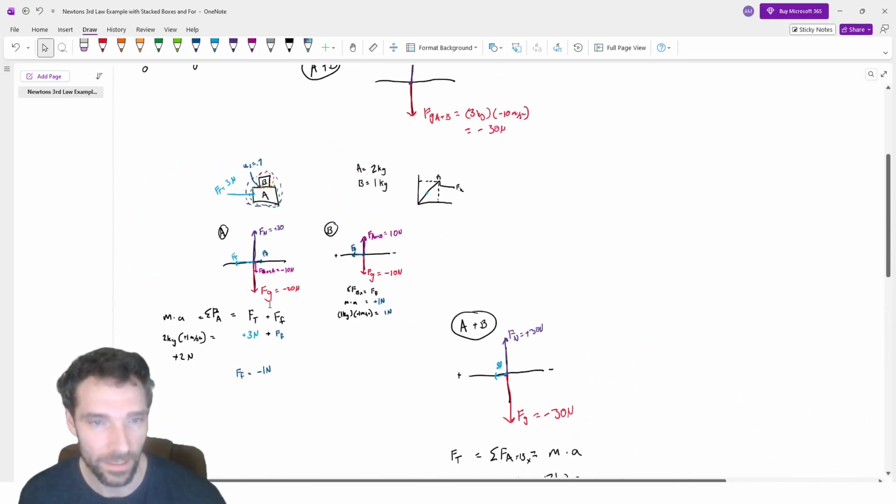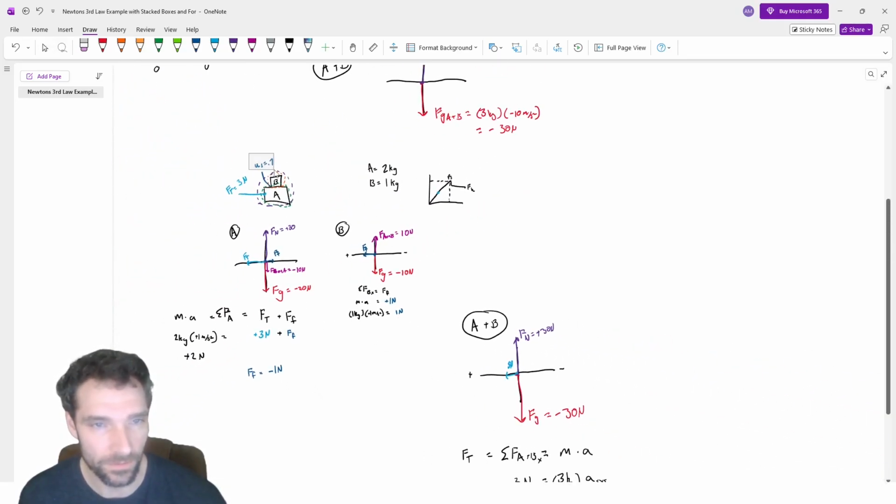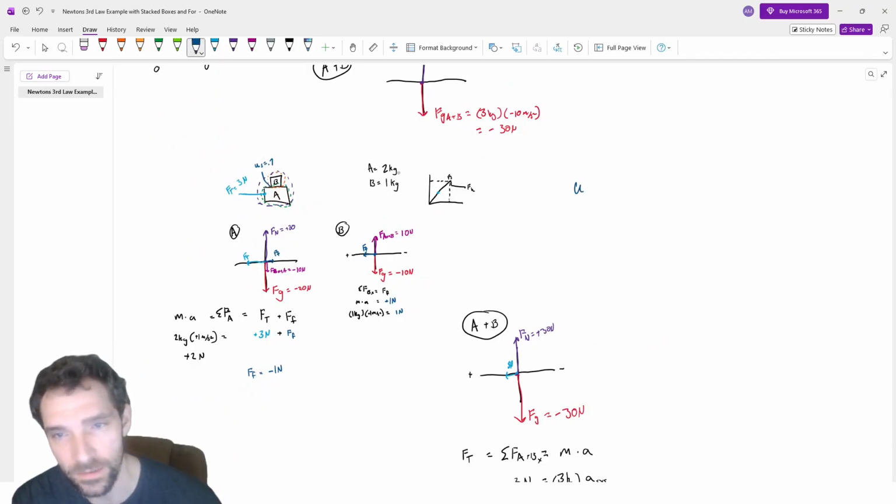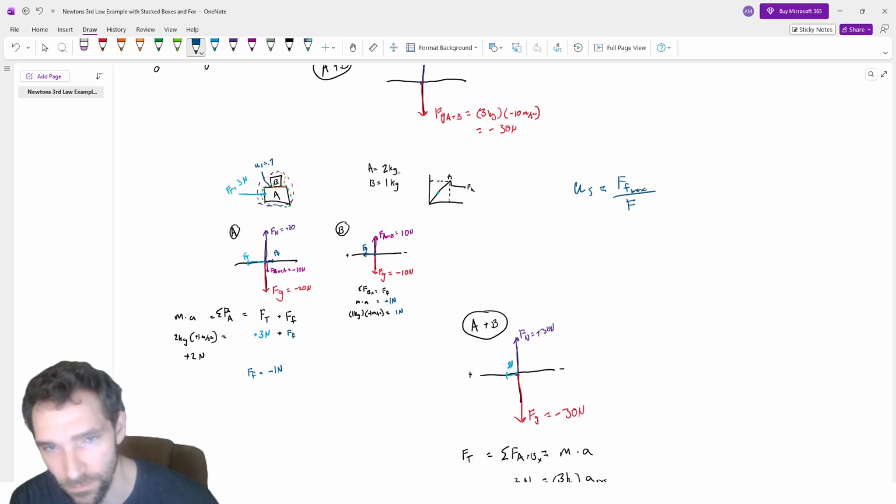So you could solve for the acceleration and see that object B is able to accelerate sideways with this value. There is also this coefficient of friction issue that we're just going to highlight for a second. This coefficient of static friction is going to be the force friction max over that force normal.